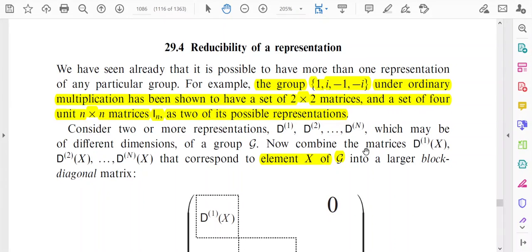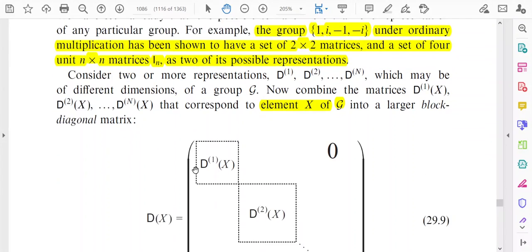Now combine the matrices d1(x), d2(x) up to dn(x) that correspond to element x of G. If you consider a particular element x of G and suppose you have obtained different representations corresponding to the element x, these representations are d1(x), d2(x), dn(x), etc. And how are you combining them?